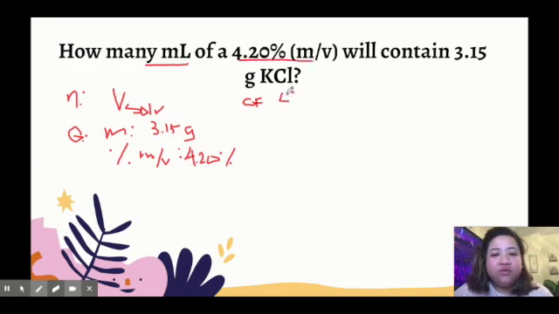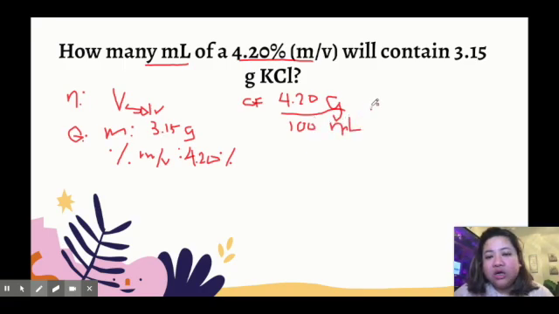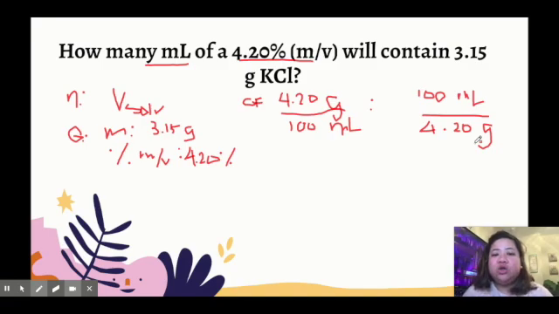So the conversion will be 4.20 grams of KCl over 100 ml of solution, or vice versa, 100 ml of solution over 4.20 grams. Why do we need to put two conversion factors? You will see later which conversion factor you are going to use in the solution.